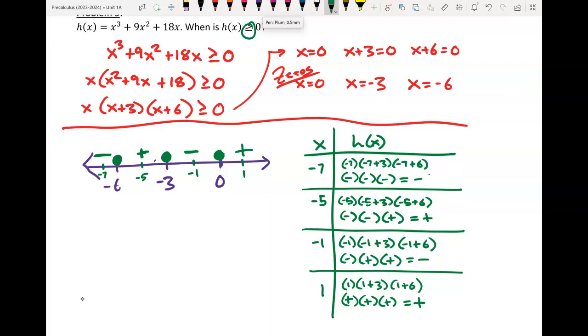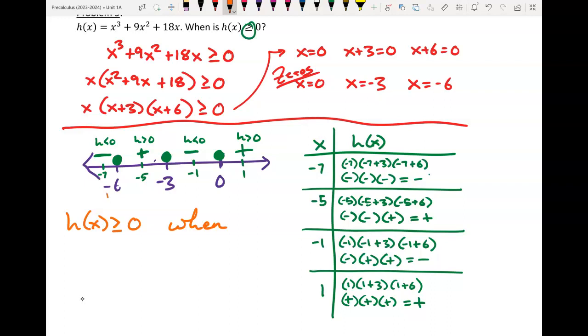So we have our negative, positive, negative, positive. So that is when h is less than 0, h is greater than 0, h is less than 0, h is greater than 0. So I'm going to use a nice orange here: h of x is greater than or equal to 0 when we have greater than 0.